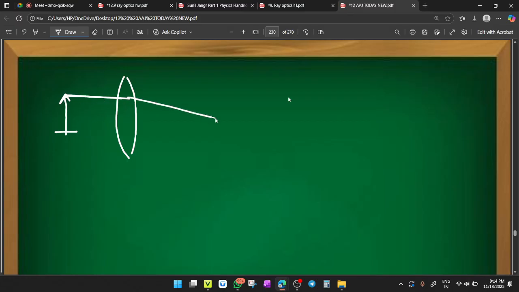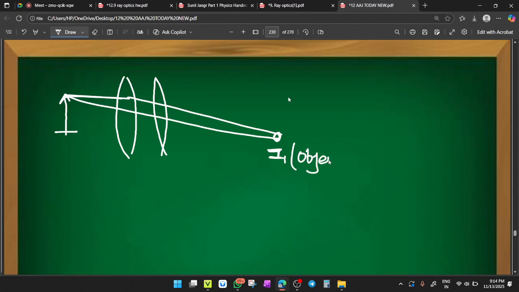The image made by the first lens works as an object for the second lens, like in the lens maker's formula, the intermediate image works as an object for the second lens. Understood?